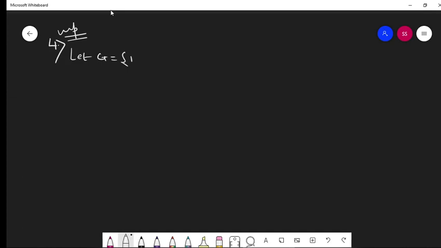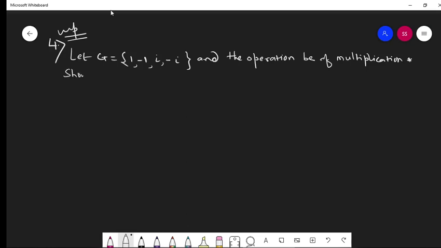Let G equal {1, minus 1, i, minus i}, and let the operation be multiplication, asterisk, so that G asterisk forms a group.